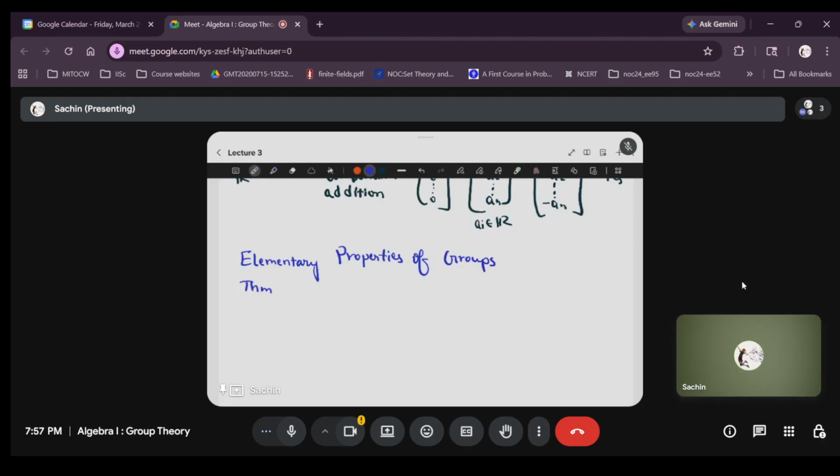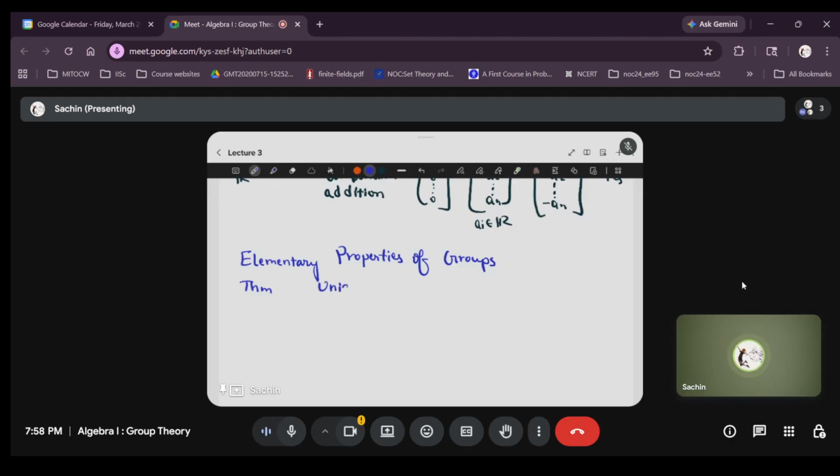But in that definition, nowhere did we say that there has to be only one identity. You just said there must be one element e such that if g is a group element and e is the identity, then g = eg = g. But in fact, it turns out that for a group, the identity is unique. So instead of talking about an identity, you can talk about the identity of a group.